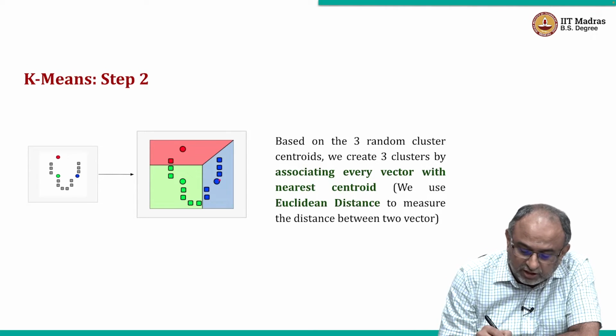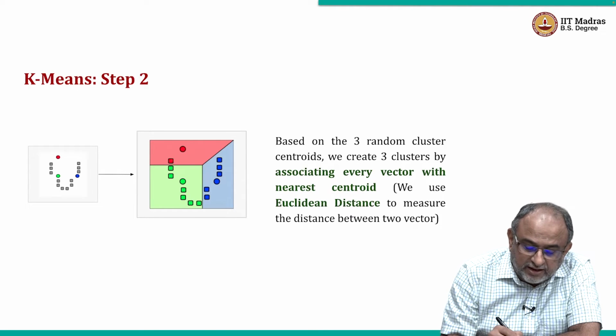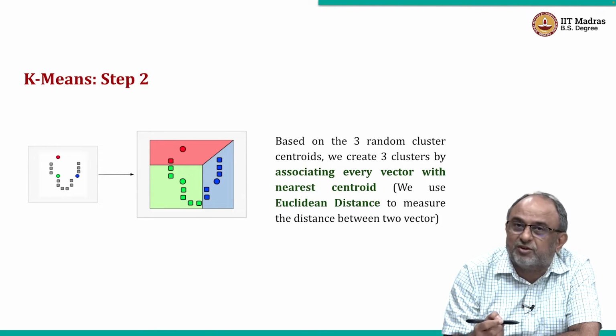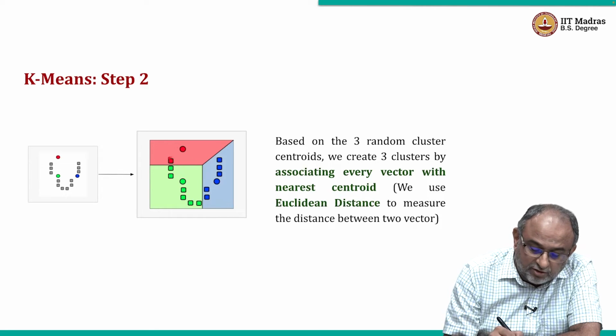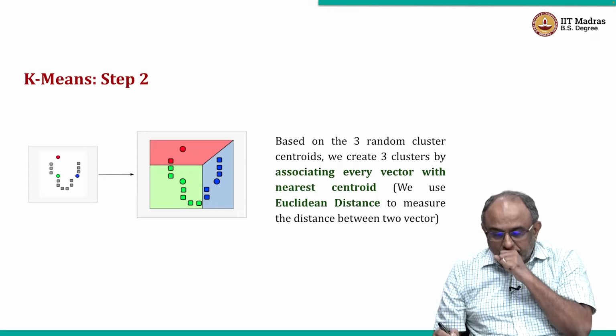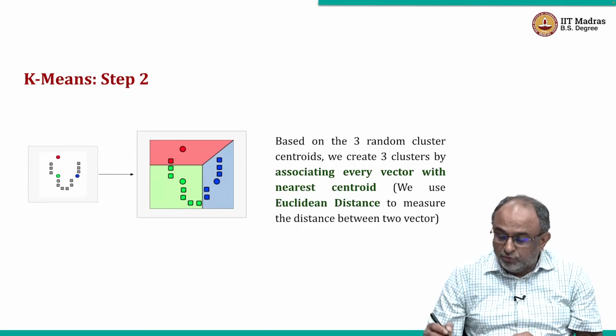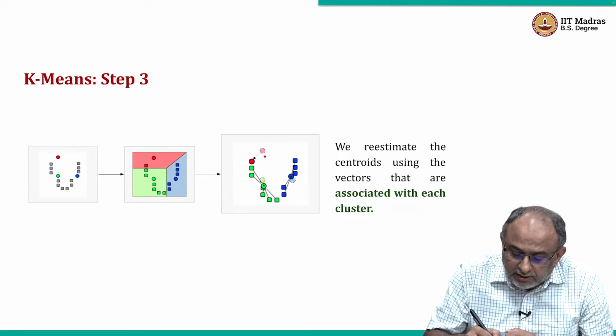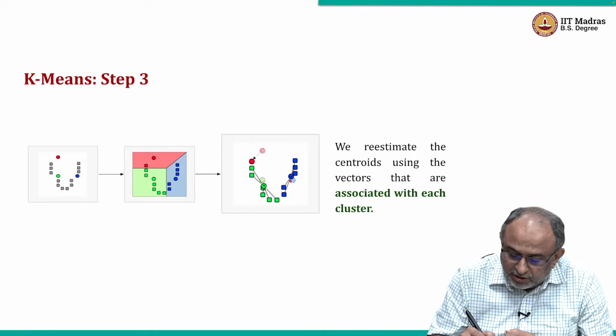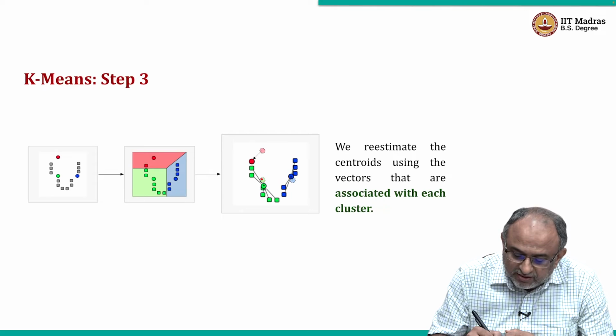So, this blue circle will move to a different place. The red circle obviously is going to remain here because there is only one data point, and the green circle will move, right. So, now what has happened, the red circle moved here, the blue circle moved here, and the green circle moved here.